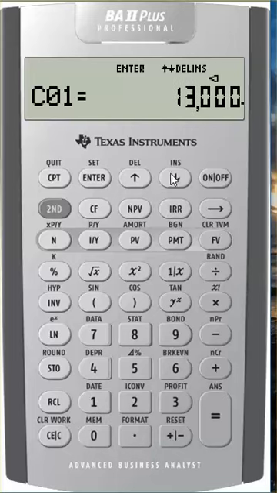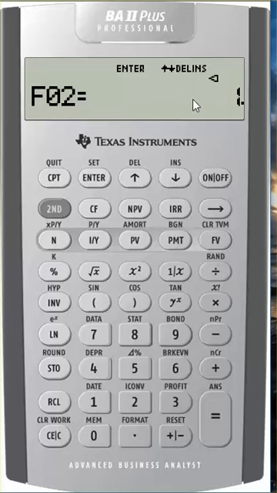Enter. We scroll down, and it's asking how many times the company will receive $13,000. That's one time, so we enter that. Scroll down, and it's asking what the cash flow is for the second year. That is another $13,000, positive, of course, so we enter that.